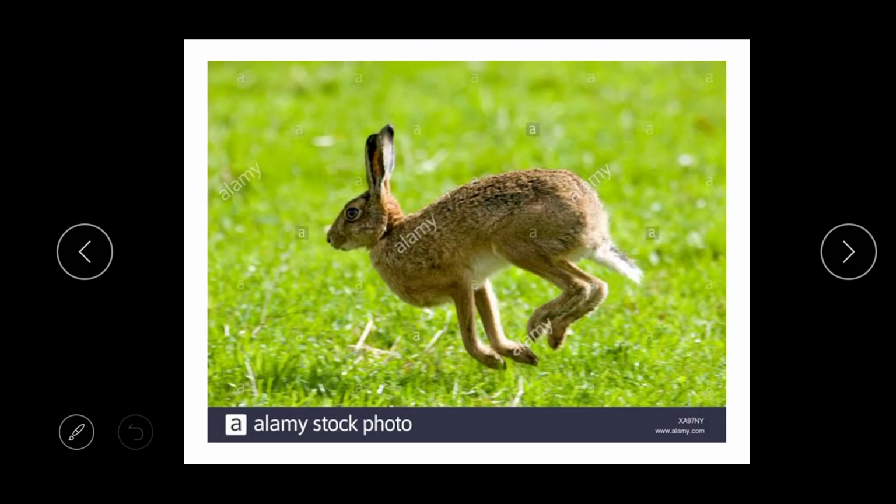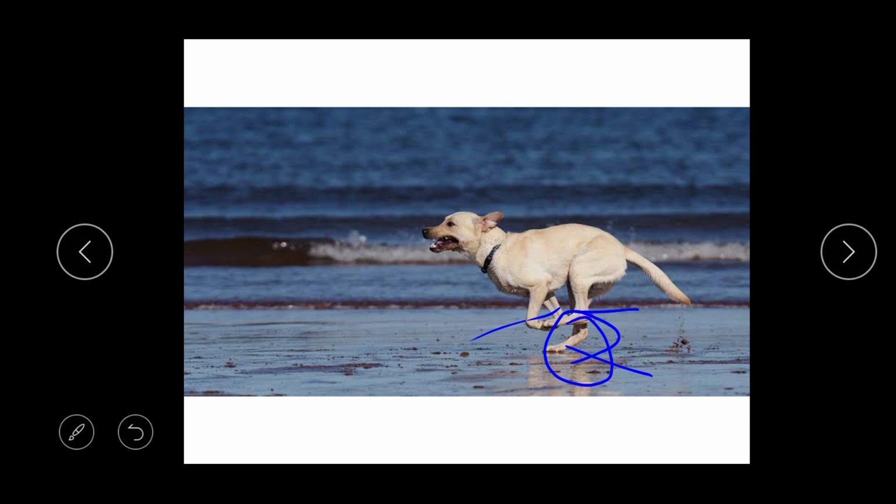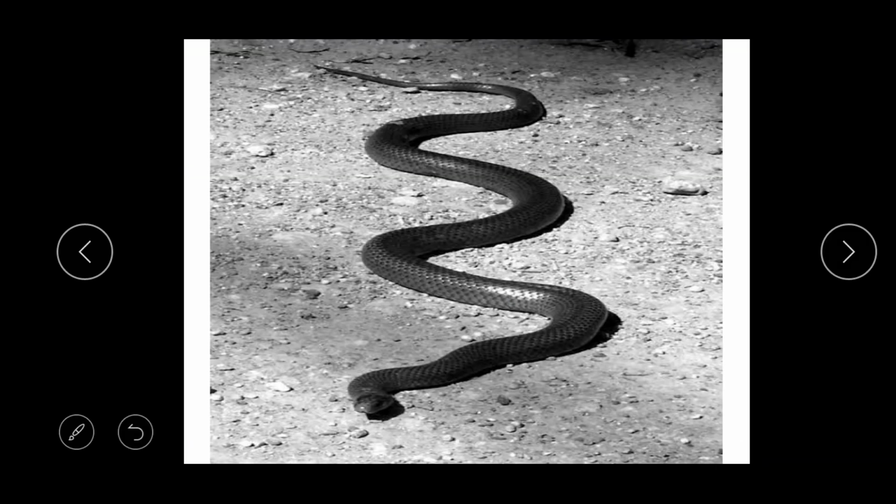Now let's look at the next animal movement. We have slither. Examples of animals that slither are snake, worm, salamander, snail. Here we have a snake.